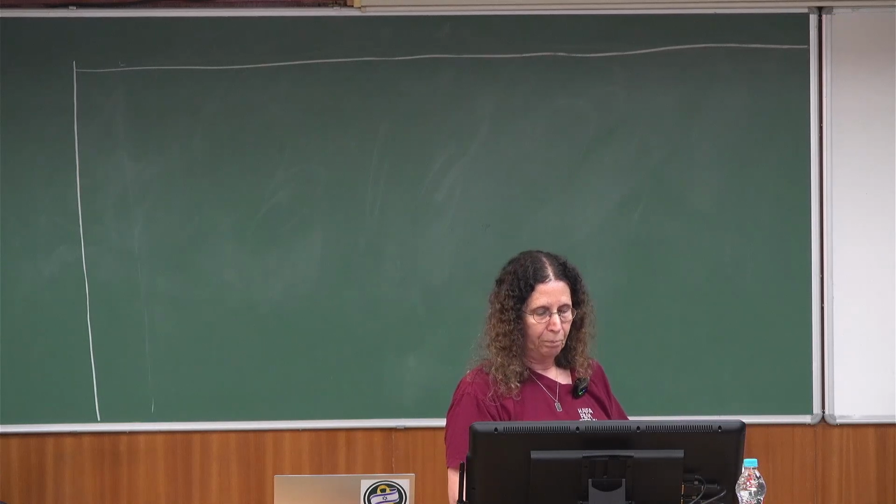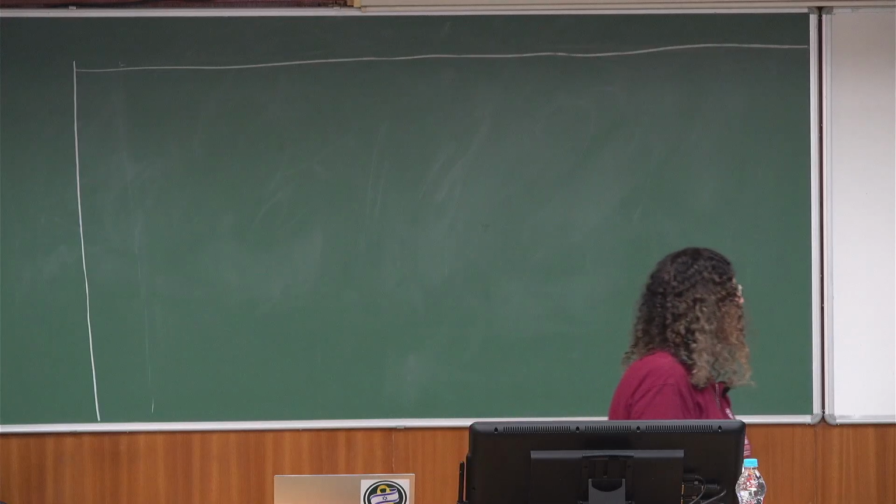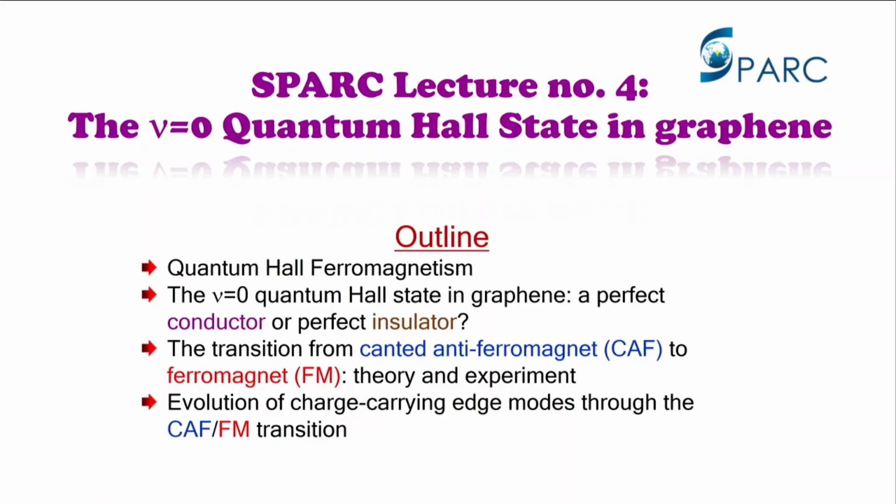I'm going to discuss how the edge state structure also encodes the nature of the phase in the bulk. So once again, there is a bulk-edge correspondence particular to this case.